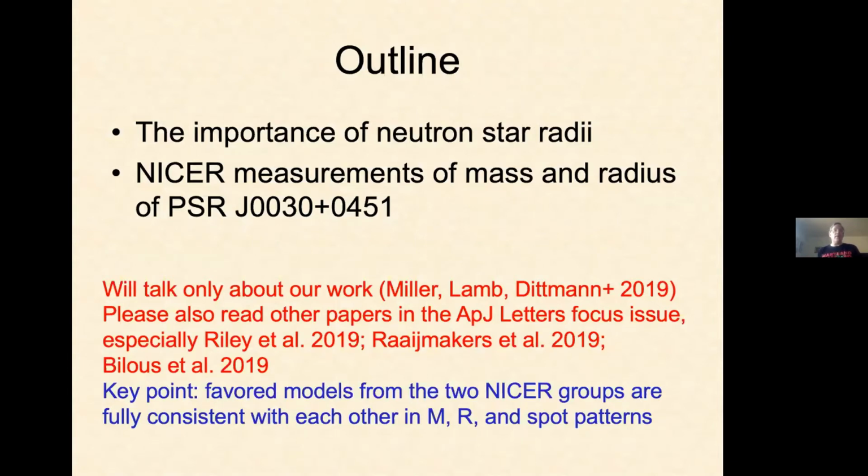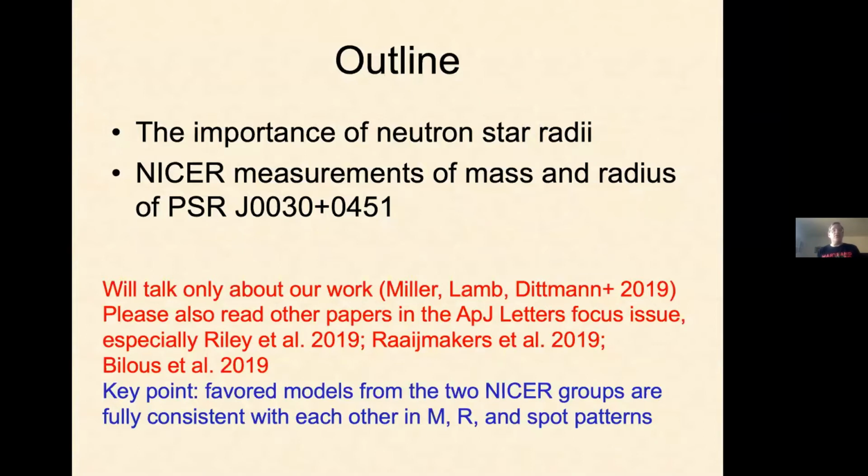I'm going to talk only about the work that we did in our group. This is the paper Miller, Lamb, Dittman, etc. in 2019. This is a work in which we present our measurement of mass and radius for this neutron star. We talk about the equation of state implications, and we also talk about the implications of the spot patterns that we are inferring.